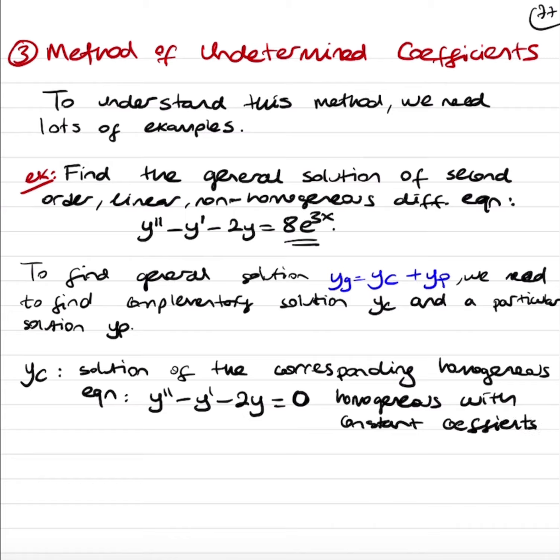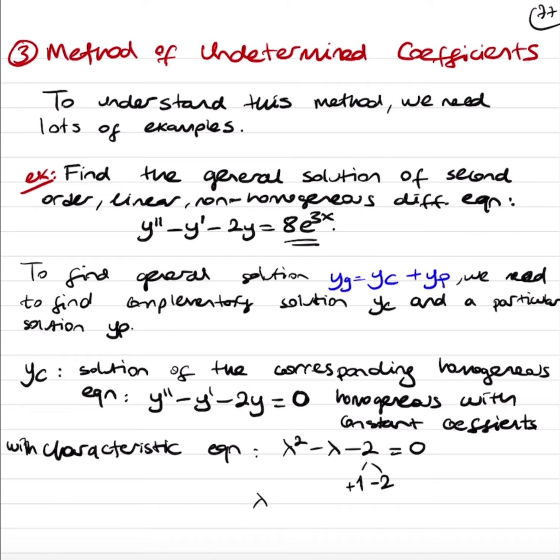We learned how to solve this last week, so we need to find the characteristic equation. What is the characteristic equation? It is lambda squared minus lambda minus 2 equal to 0. Let's write this as plus 1 minus 2.